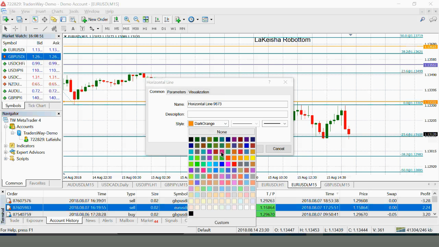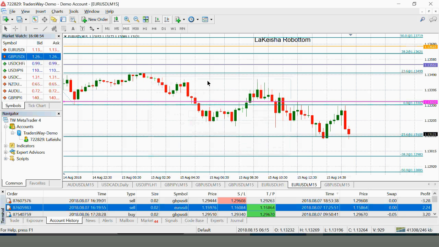Changing this, because I'm in my 15-minute chart, to my magenta. And that's at the 32. So I feel a little confident with that, a good area of support or resistance.